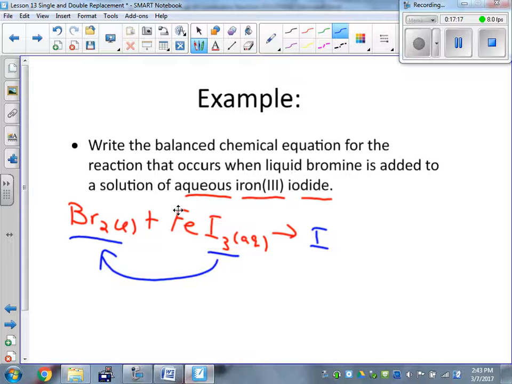Iodine comes in twos, I2. By the way, iodine is in gray lettering, so that's actually a solid. I2, solid. And the Fe and the Br go together.